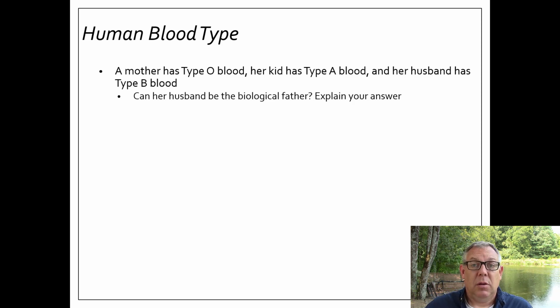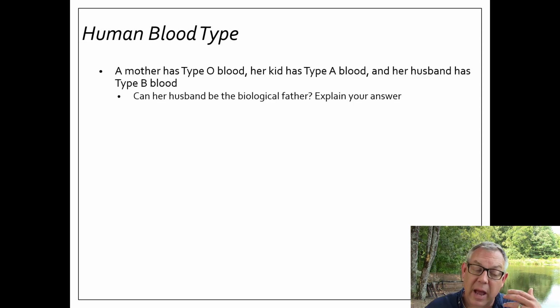Which means that she can only pass a lowercase i allele to her offspring. And so you know the kid has at least one lowercase i allele, because that's all he can get from his mother. You also know the kid has type A blood.